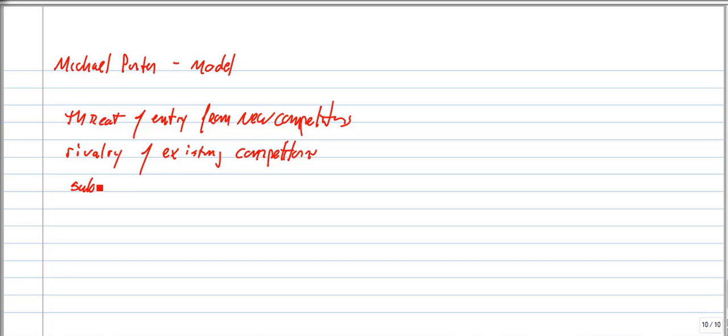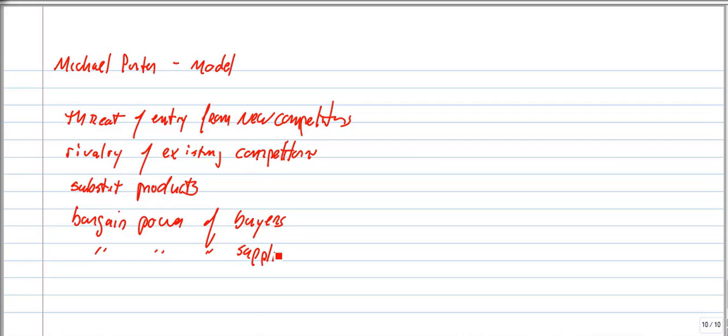Availability of substitute products, or rather, more specifically, the price pressure that you get from substitute products. Bargaining power of buyers and bargaining power of suppliers. So you could apply this to any particular industry.